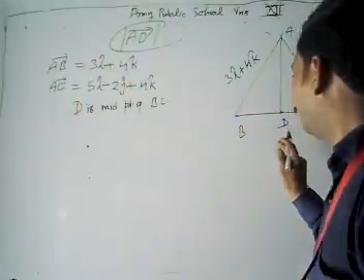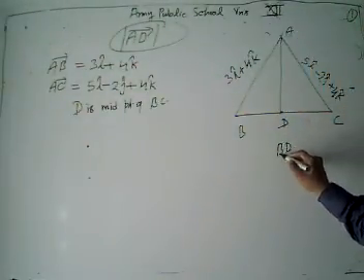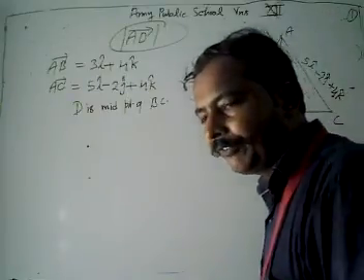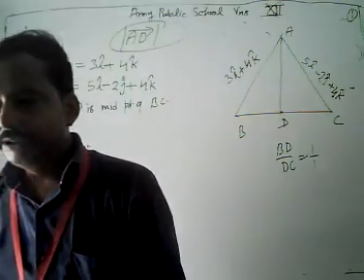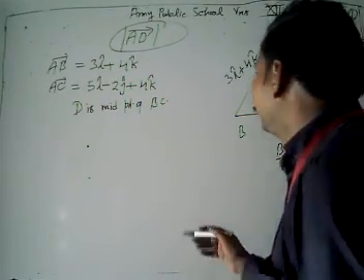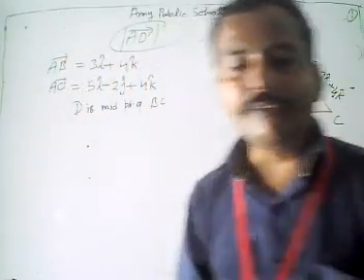It means BD to DC is 1:1. We can apply the midpoint formula, the section formula here. Since D is the midpoint, how can we get vector AD?